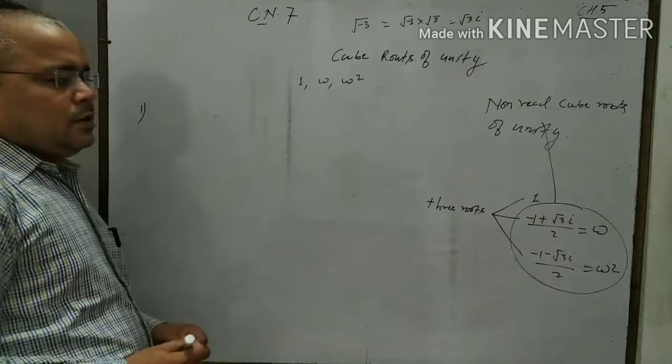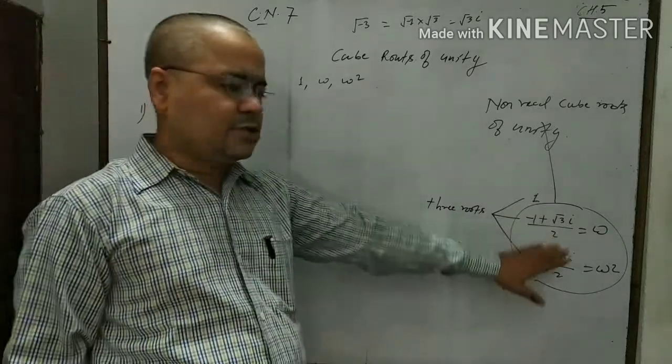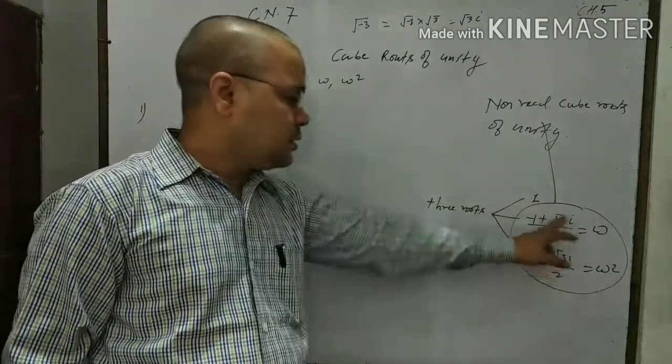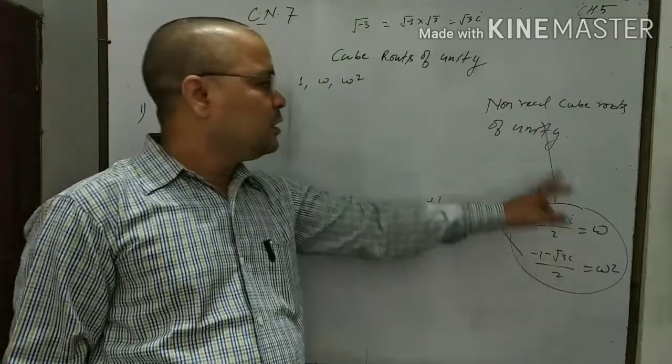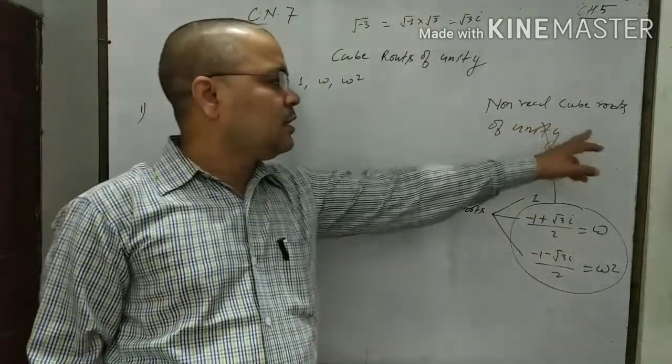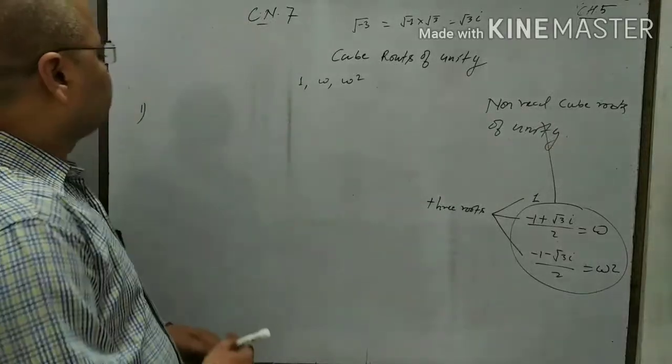Okay, you should know where this concept comes from. The next two, where iota is mentioned, are the non-real cube roots of unity.